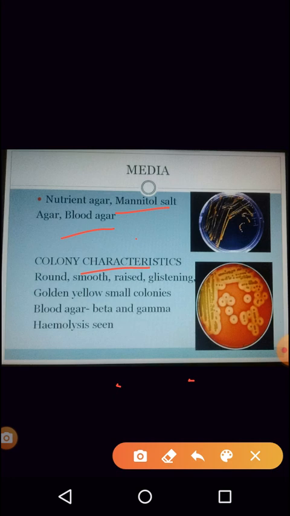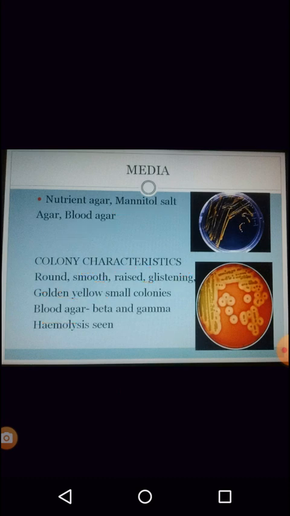So it has a typical dry oil paint appearance. The colonies are round, smooth, raised, and glistening. They shine, and as I told, they have a golden yellow pigment. They are small colonies, and if grown on blood agar, they show beta and gamma hemolysis. Beta means complete hemolysis and gamma means no hemolysis.